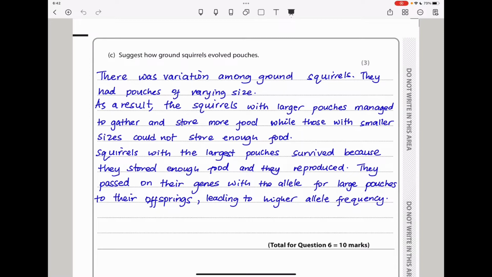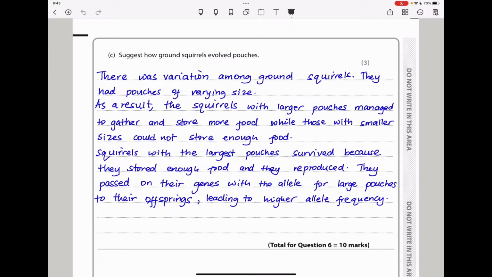So maybe there was some mutation that occurred, creating various sizes of pouches. As a result, squirrels with larger pouches managed to gather and store more food, while those with smaller sized pouches could not store enough food to survive during the winter. So the squirrels with the largest pouches survived because they stored enough food and they reproduced.